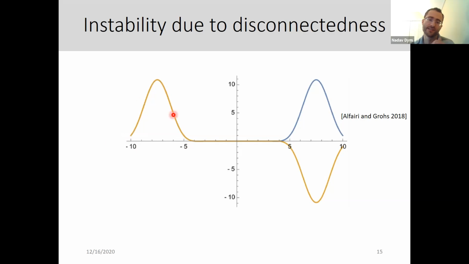Let's say the orange signal here is the difference. And now we want to measure, let's say our measurements are pointwise. We just measure at a certain point. And we want to see if we can do phase retrieval, we should be able to differentiate between the orange signal and the blue signal.